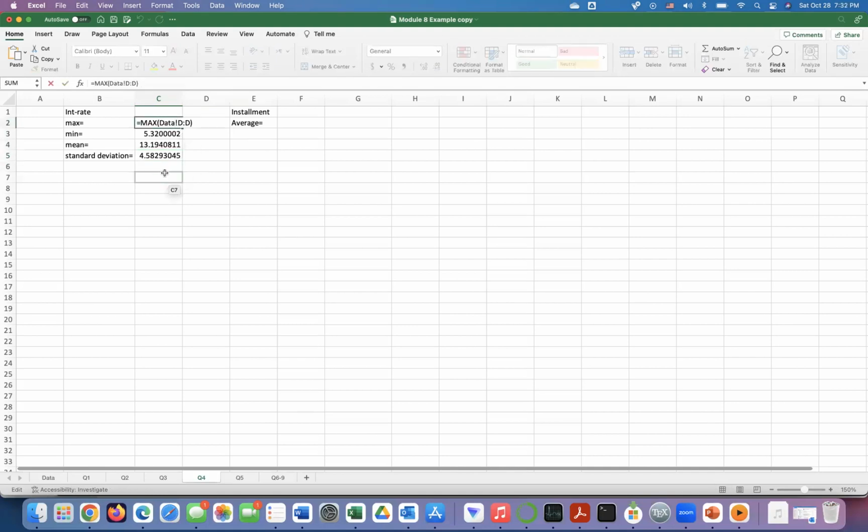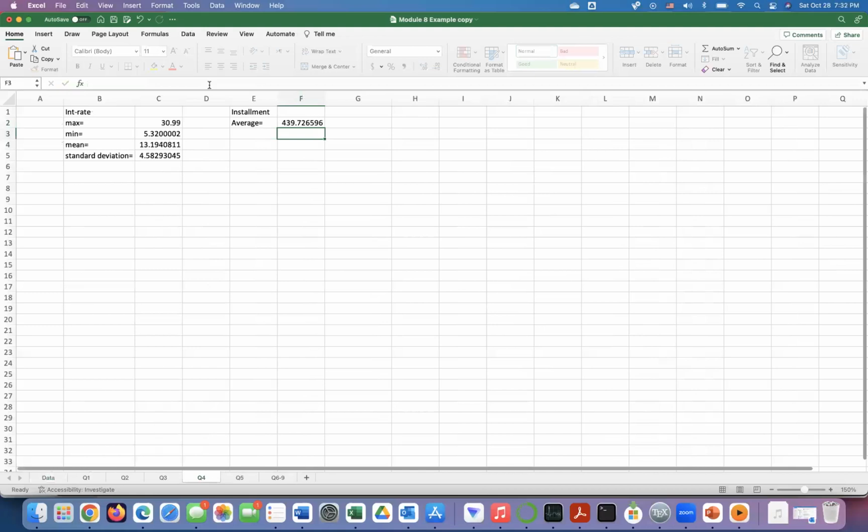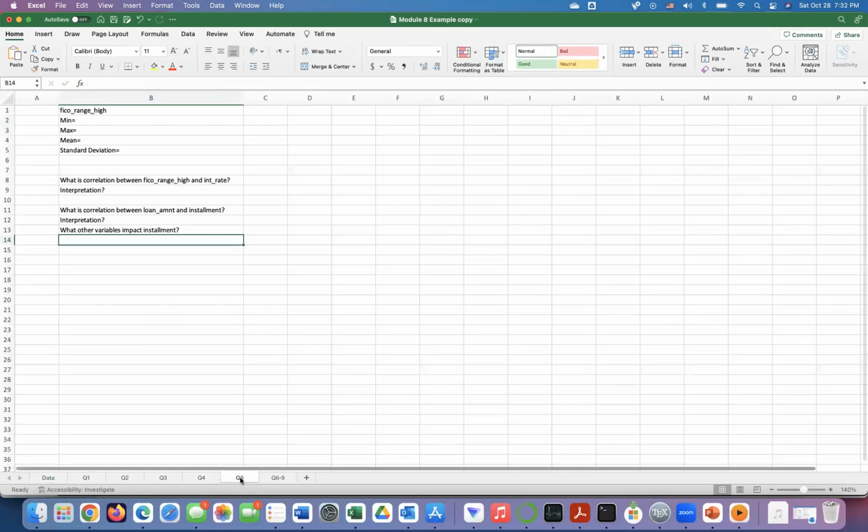Maximum was 30.99, minimum was 5.32. Installment, that means monthly payments. Average for that is average, and then each monthly payments, the average would be installment, column E. $439.72.